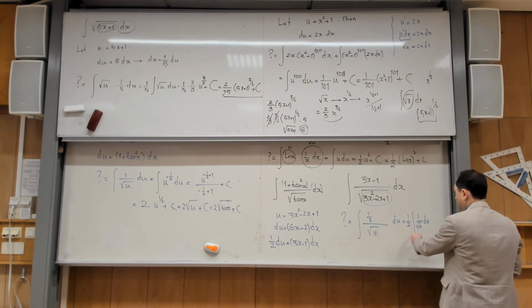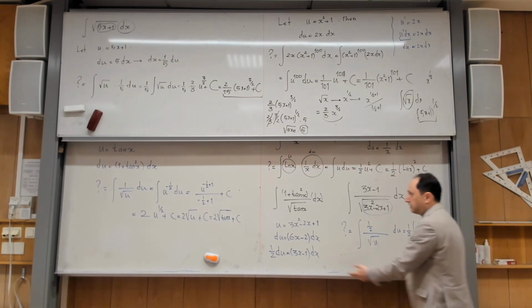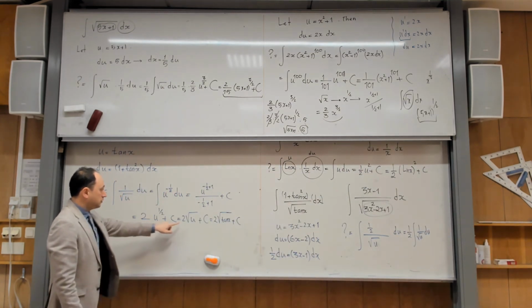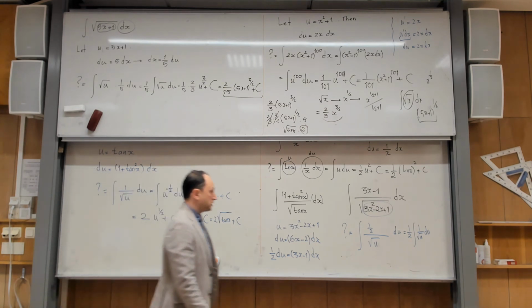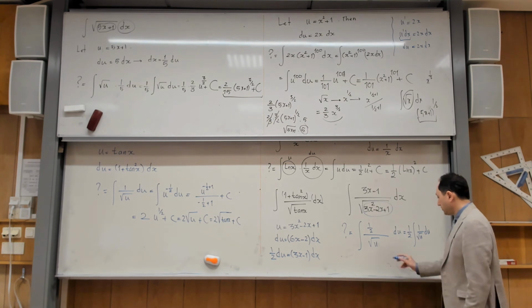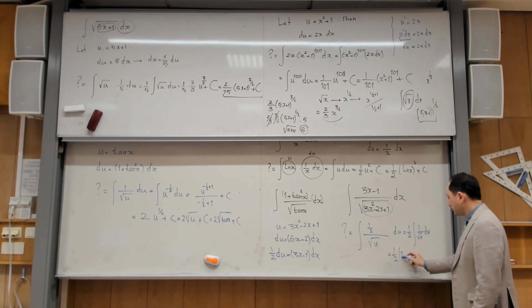But if you don't mind, let us just copy and paste what I got there, because that is exactly that integral. Yes? And the answer was this one, so I just copy and paste that one. But there is only one difference, that there is a 1/2 here. So I would write it as 1/2. This integral is 2 square root of u, then plus a constant.